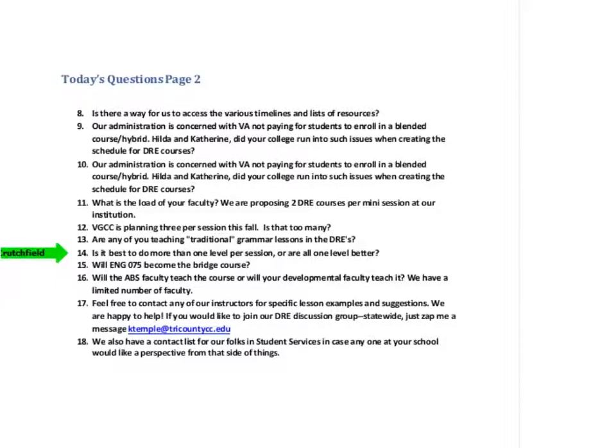More than one level per session, or all one level better? I'm not sure I fully understand that question. Per instructor. Can anyone help me out? Is the question related to like an emporium model? I don't know.